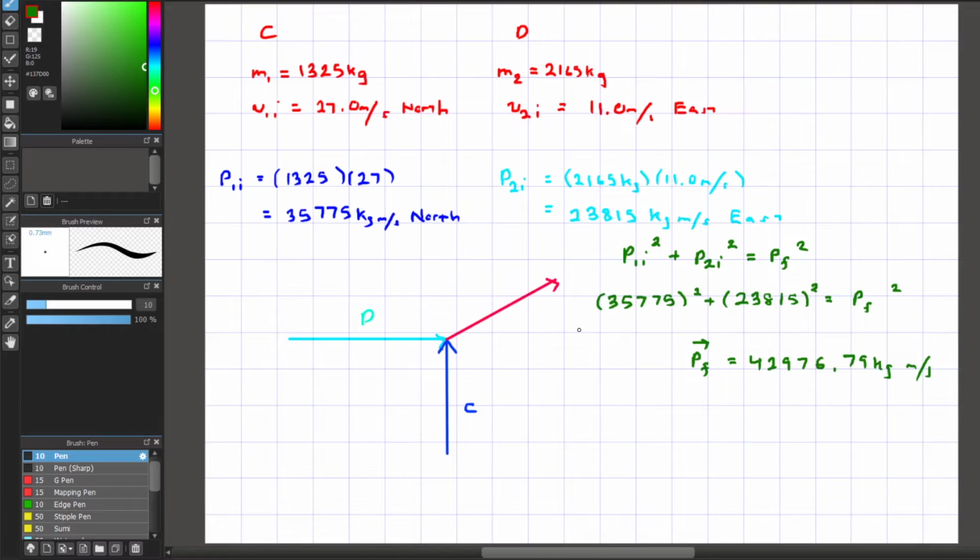Now that we found the final momentum of the situation, we can also find the speed after the crash. We know that after the crash, the two objects are stuck together, and if they're stuck together, they both share the same final velocity.